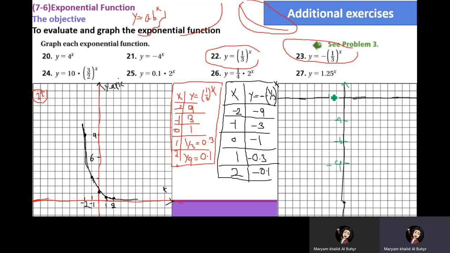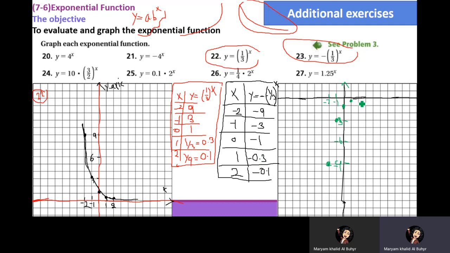Now let me sketch my points. Once I have -2, it will be -9. So here is my point. Once I have -1, it will be -3. Here, -3. Once I have 0, it is -1. Once I have 1, it will be -0.3, which is very close to the 0 here.